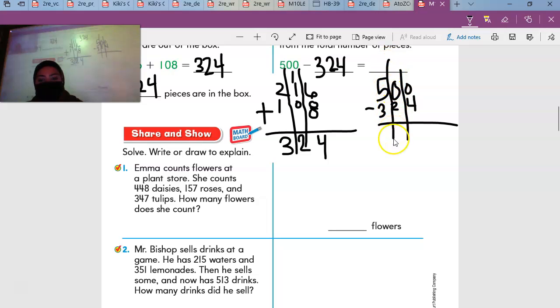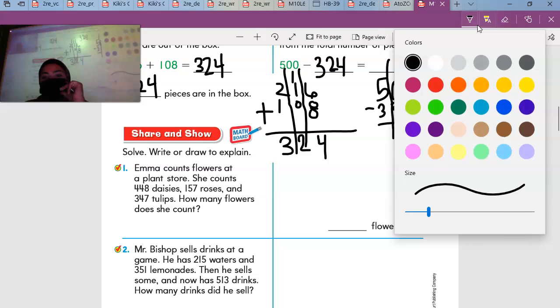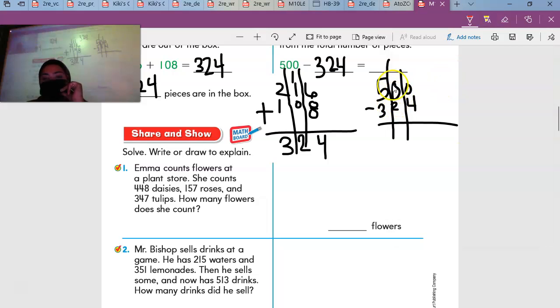No, if the top number is smaller than the bottom number, you have to regroup. So I go to the tens place and I say, okay, 0. Can I borrow from 0? No, 0 is nothing. You cannot borrow from nothing. So what do you do? You borrow from the hundreds place. 5 becomes a 4, and this 0 now becomes a 10.